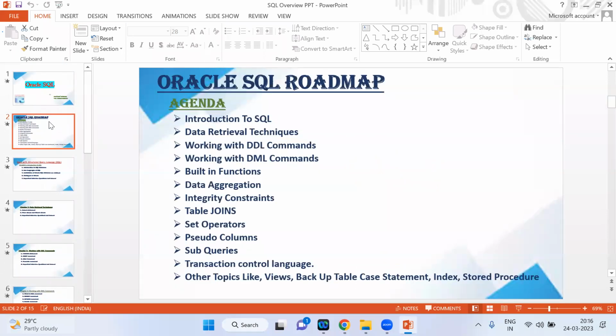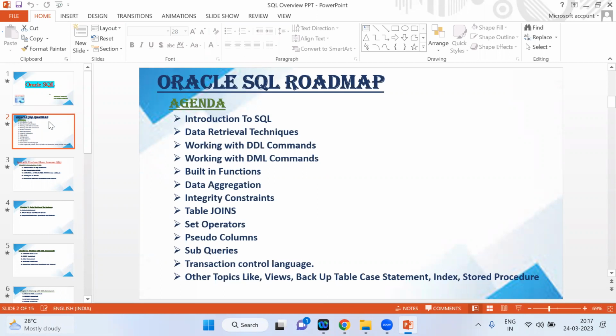Most of the questions, 60%, 70% of questions in the interview, will come from SQL only. So you have to be very thorough and very strong in SQL.